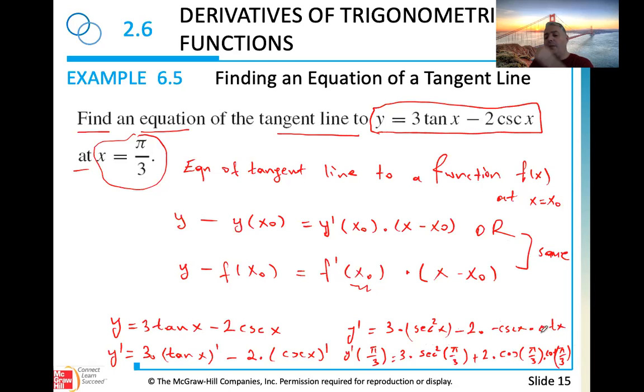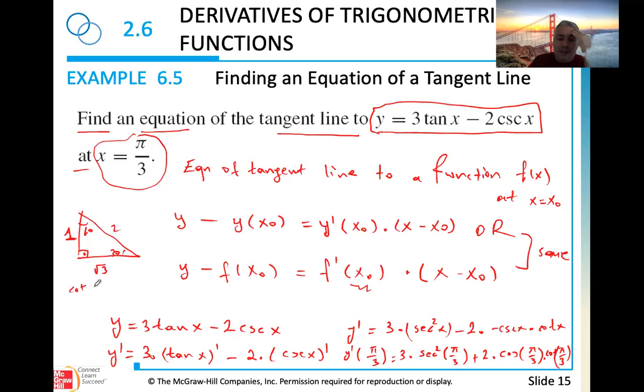Now, pi over 3 means 60 degrees. If you memorize it, you can directly say it, or you can draw the right triangle. I prefer to use this one: 2, 1, root 3. This is 30 degrees, this is 60 degrees, the special triangle.